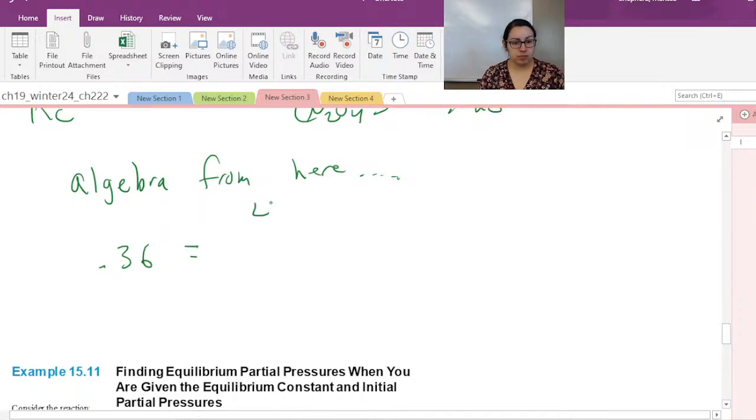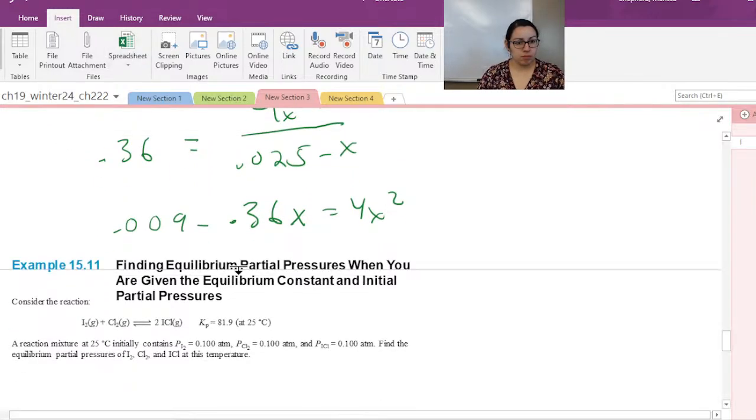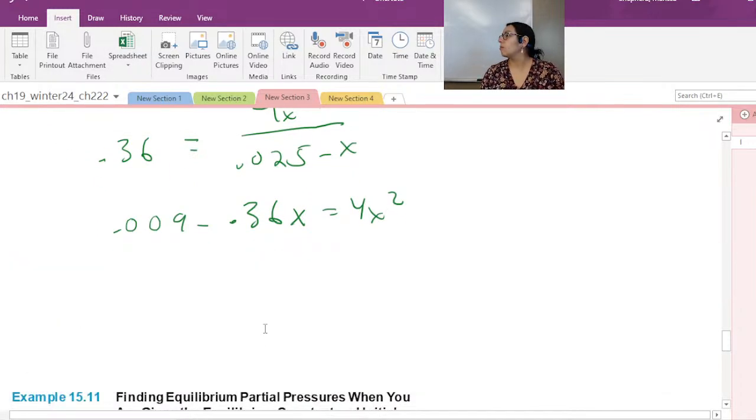minus x equals 4x squared, and then we can subtract these values from this side, leaving us with 4x squared minus x, plus 0.36 is positive, and we will take the addition point 0.36 minus 0.001.